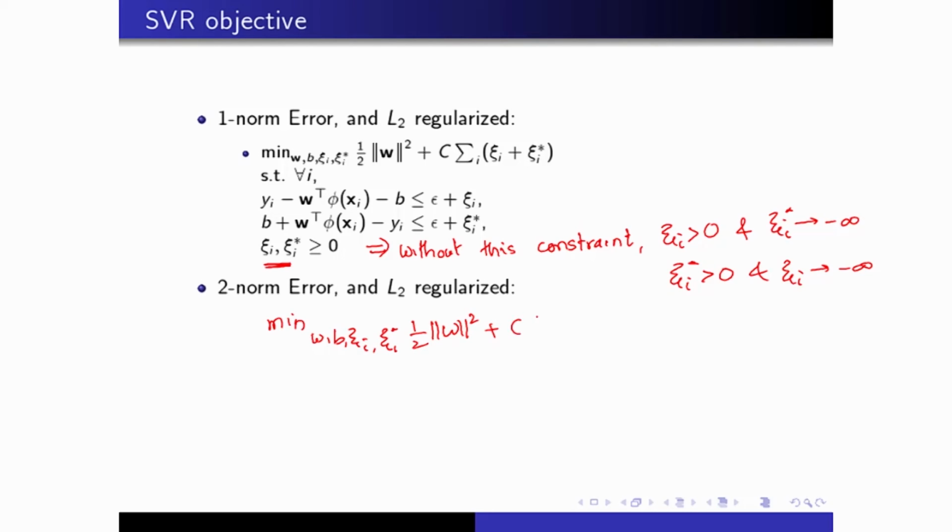But now we will have squared deviations from the epsilon band. This is the 2 norm error that we're talking about here. The constraints will remain the same, with a small difference.